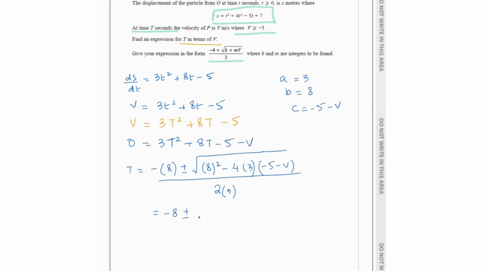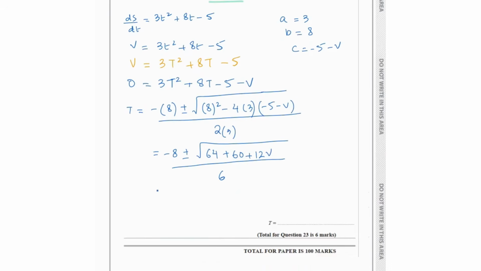So -8 plus or minus the root of 64 plus 12 times 5, which is 60, and then plus 12v. That's 124 plus 12v, over 6. Let's further simplify this.